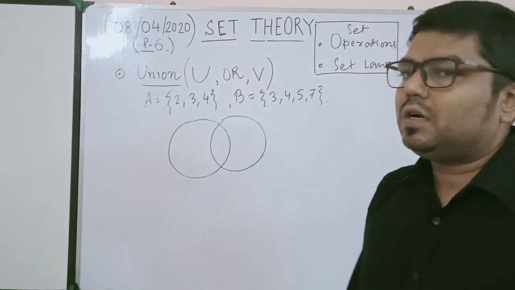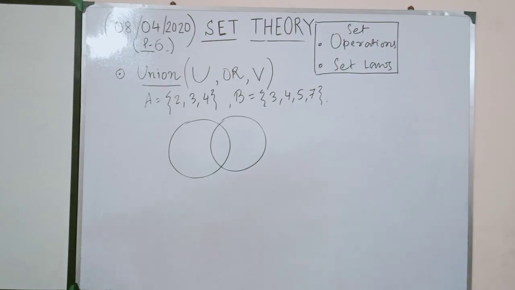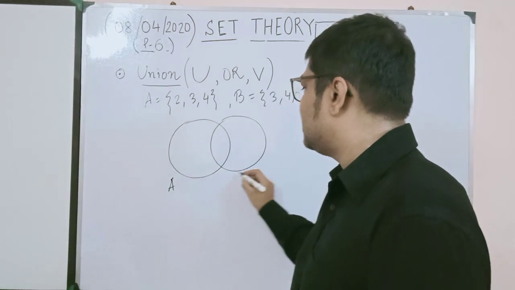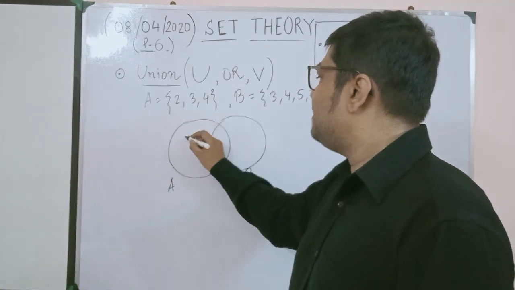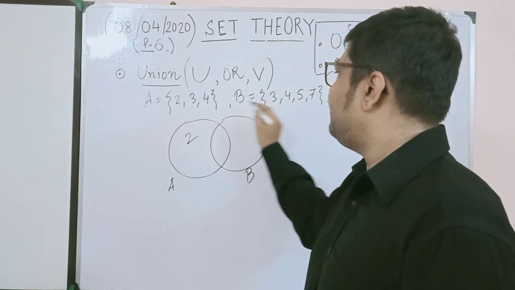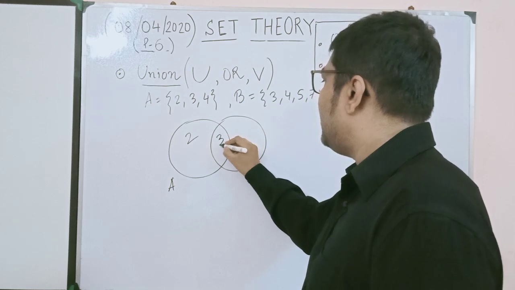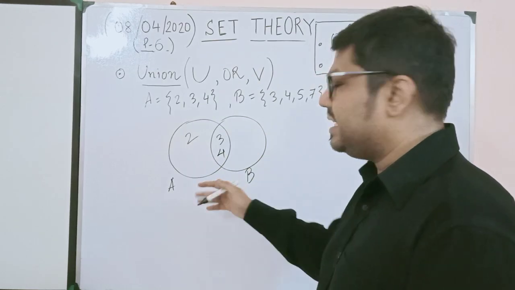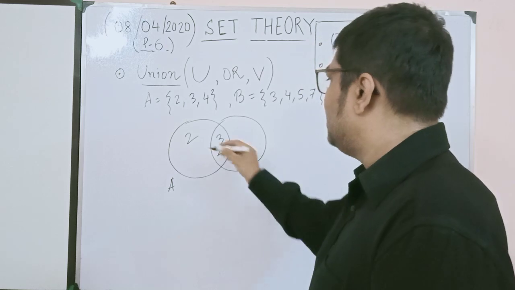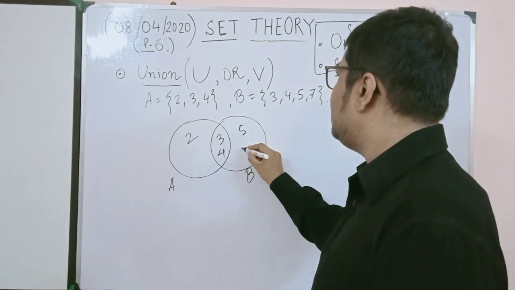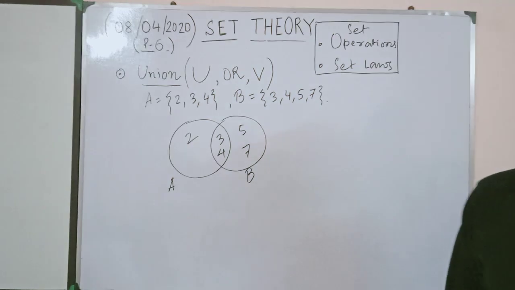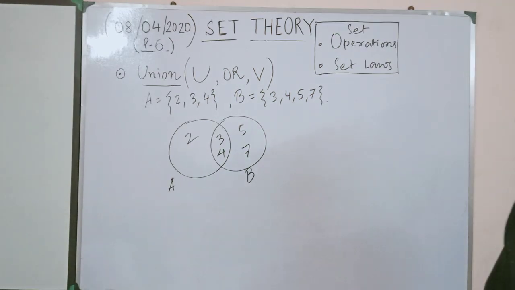Venn diagrams are easy figures just to illustrate the sets, so that it becomes pictorially very easy for us. 3, 4 are the elements which are common between the two sets. So I write 3, 4 over here because set A and set B have something in common. So this is 2, 3, 4 and this set B is 3, 4, 5, 7.